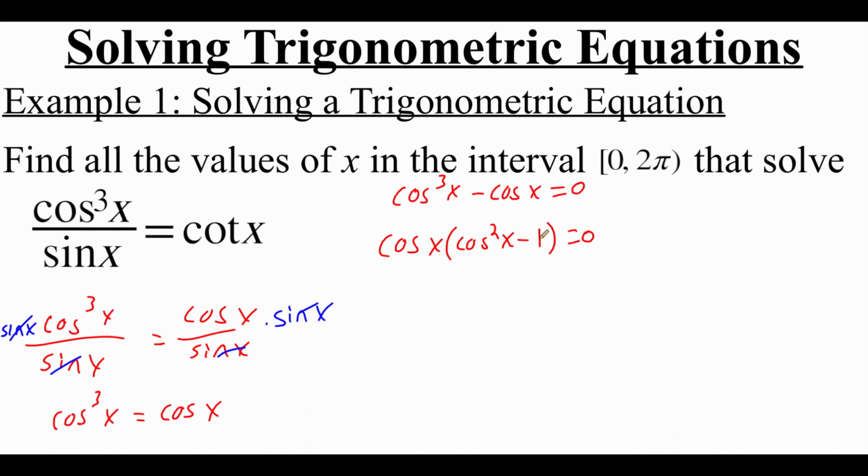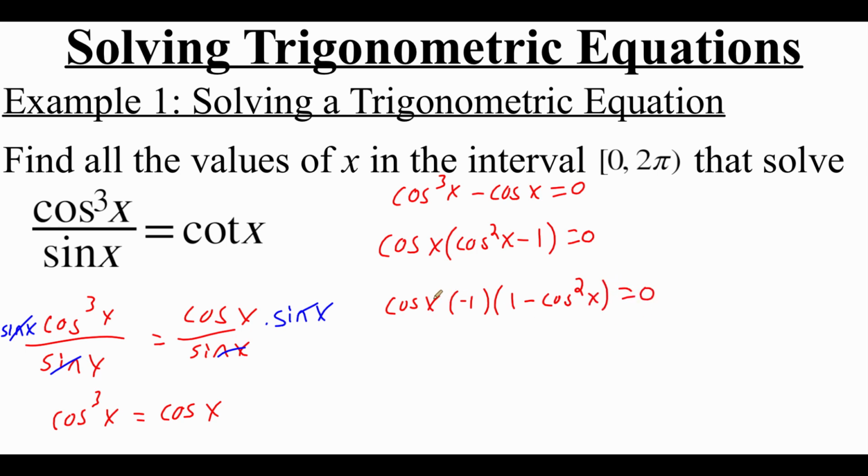But in order to get that to look like our Pythagorean identity, we're going to have to factor out a negative 1. So we've got this cosine of x that we already factored out. We're going to factor out a negative 1, and I'm going to rearrange this at the same time. When I factor out a negative 1, that turns this negative 1 into a positive 1, and it turns this positive cosine squared into a minus cosine squared of x equals 0.